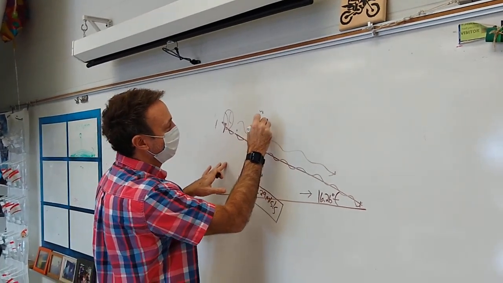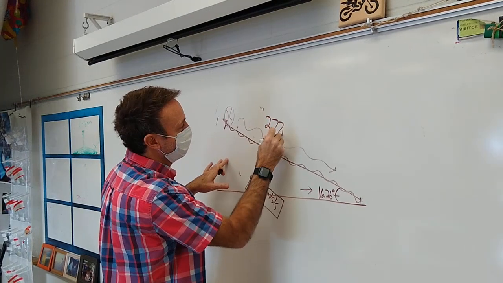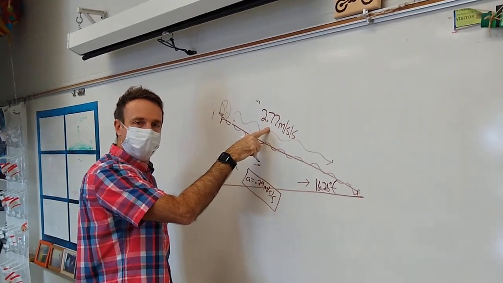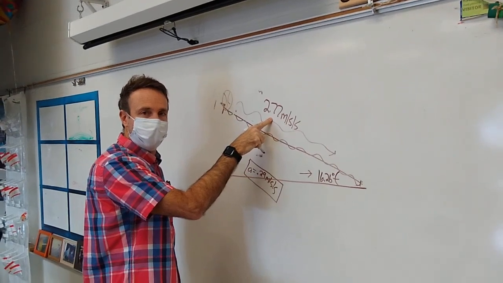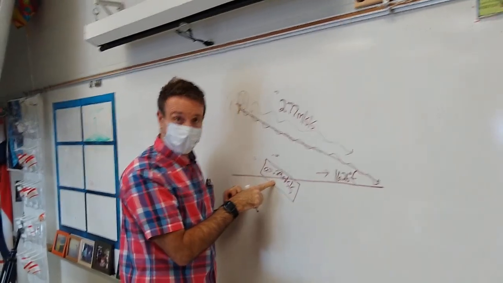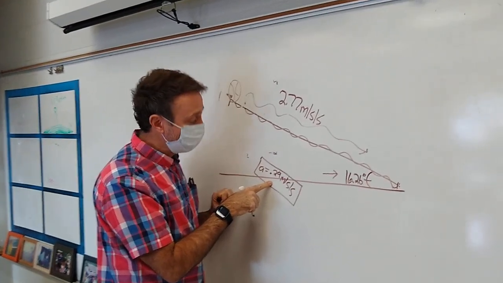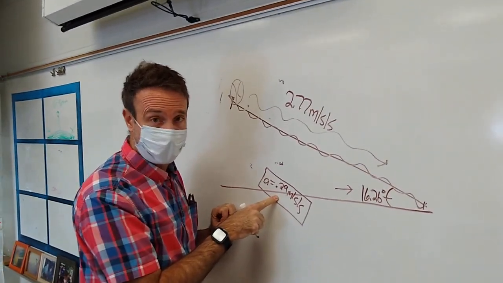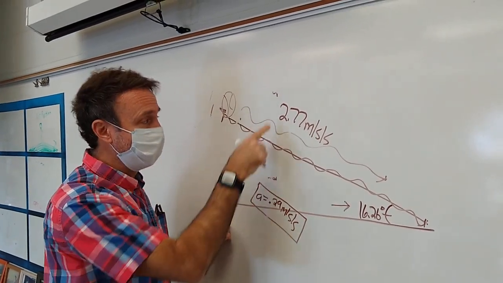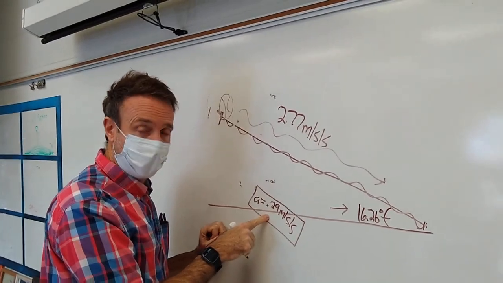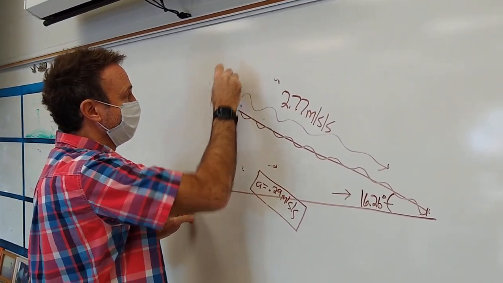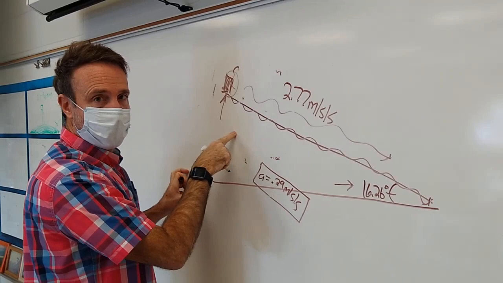So anything without friction will go down the ramp at 2.77 meters per second every second. But our weight only went down the ramp accelerating at 0.29 meters per second per second. So how could we take all of this information and calculate the friction of the weight against the ramp?